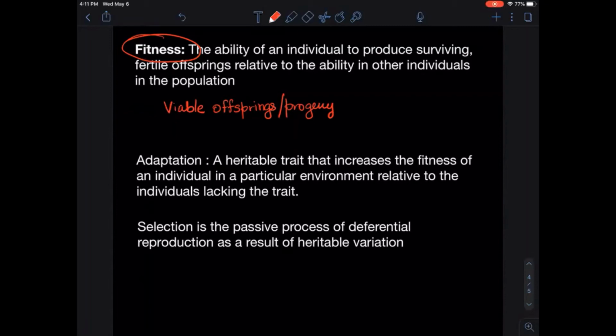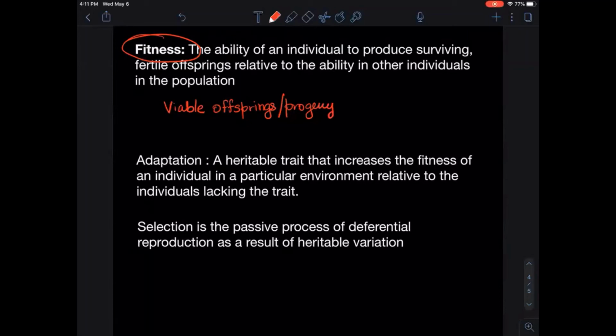The second definition is of adaptation, which is a heritable trait that increases the fitness of an individual in a particular environment relative to the individuals lacking that trait. So every variation will lead to a difference in the phenotype of an organism.